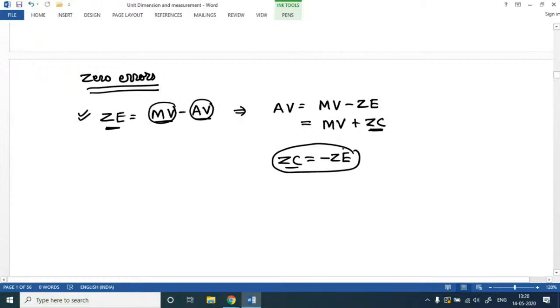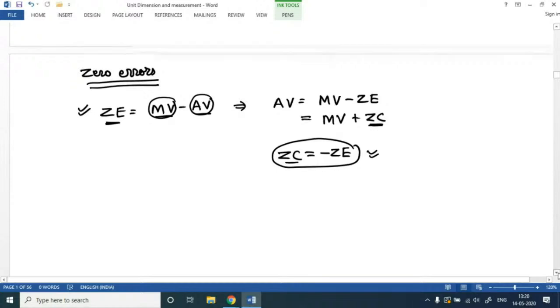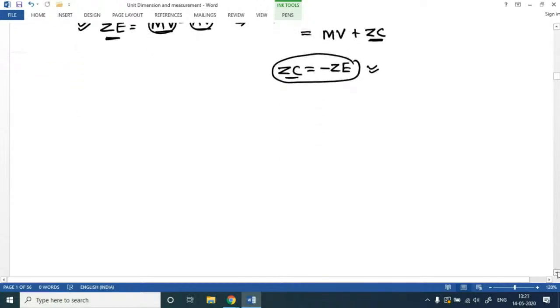Please understand this thing about zero error. We will be using this a lot in the next class, when we talk about vernier caliper and screw gauge, and we will try to find the zero error associated with the vernier caliper and screw gauge, etc. So now let's discuss another important thing regarding measurement, and that is significant figures.